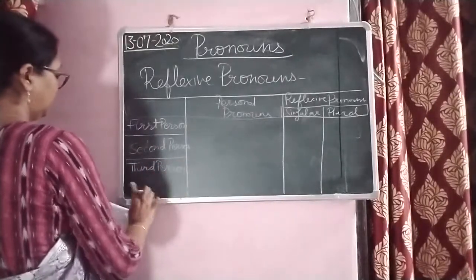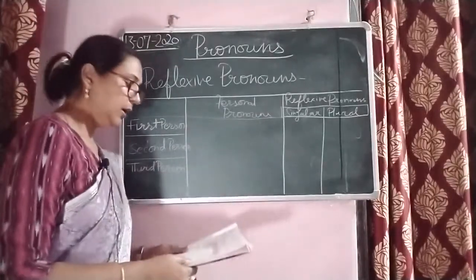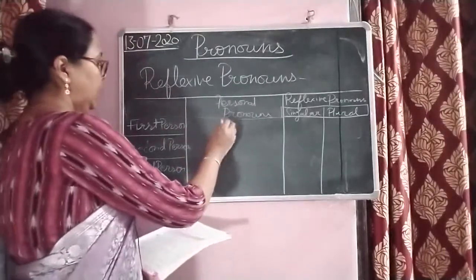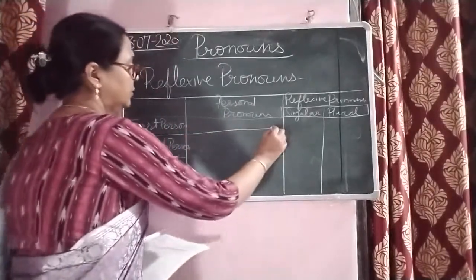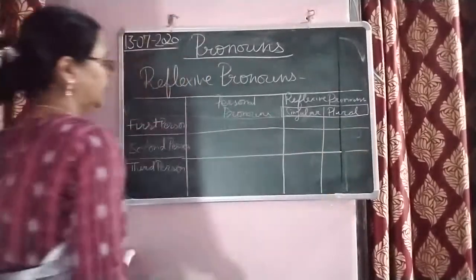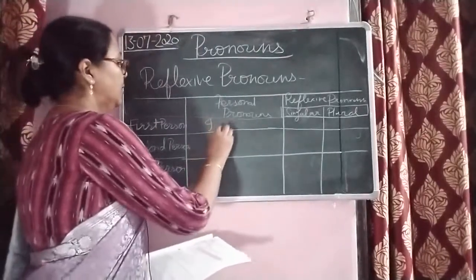These persons you already know. Now the personal pronouns in first person are I and we.